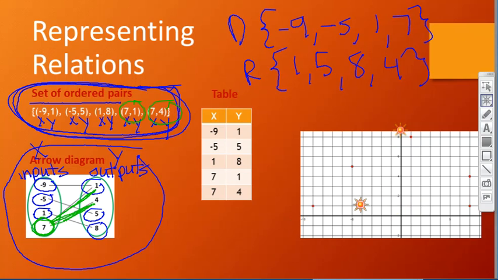As we look through here, we have -9, 1, we have -5, 5, we have 1, 8, and then I want you to notice here we have 7, 1, and we have 7, 4. So when we look at it as a graph, it's easy to see that the 7 is paired with both 1 and 4.